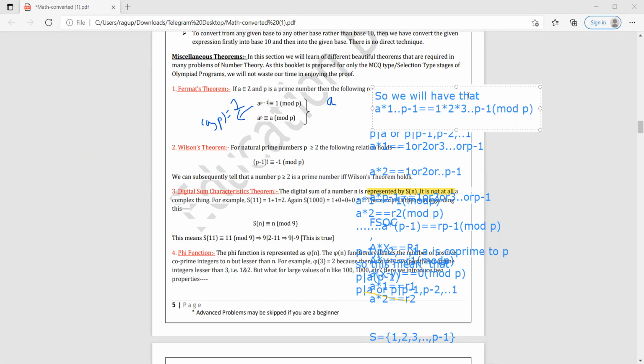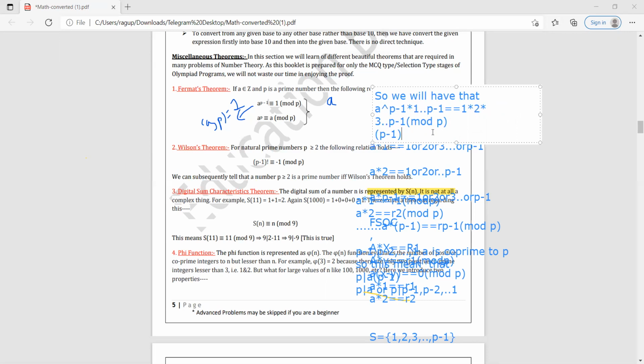This is a very difficult part. So a into p minus 1 factorial is congruent to p minus 1 factorial, and this is a raised to p minus 1 times, because a is multiplied p minus 1 times, we know this.